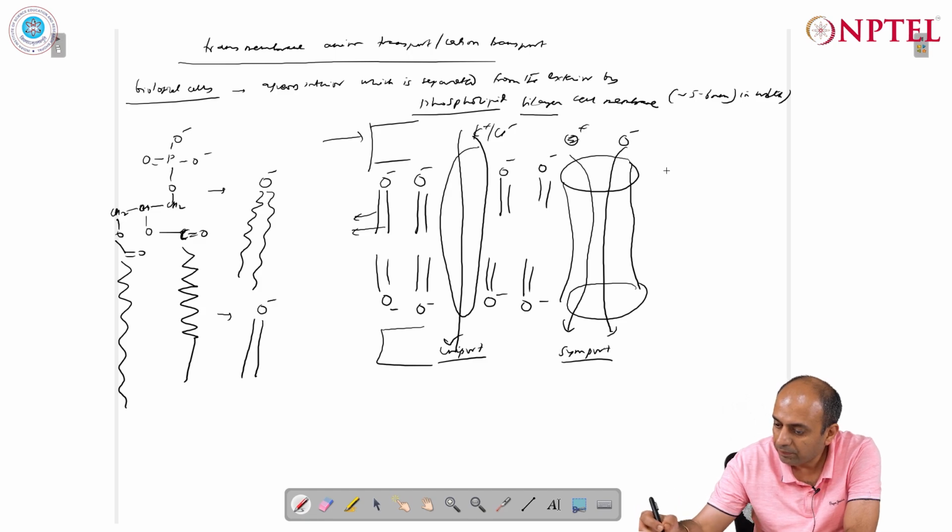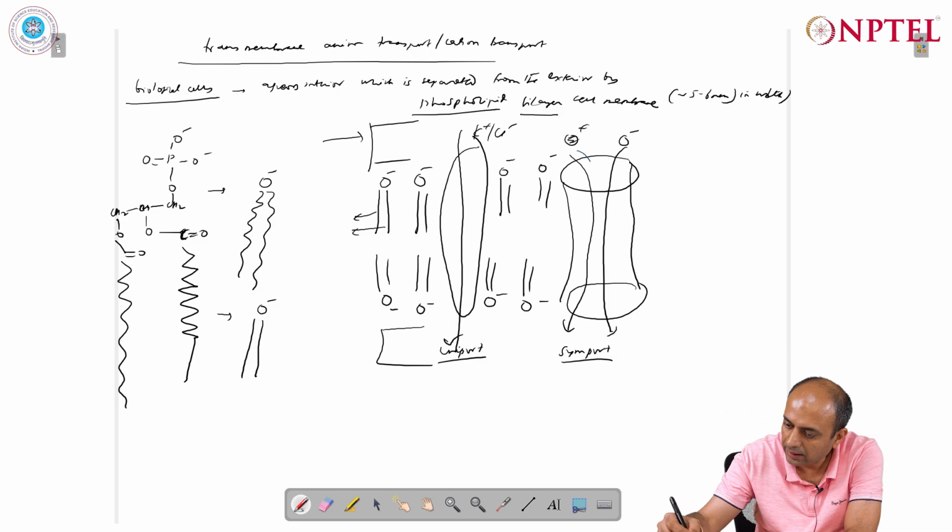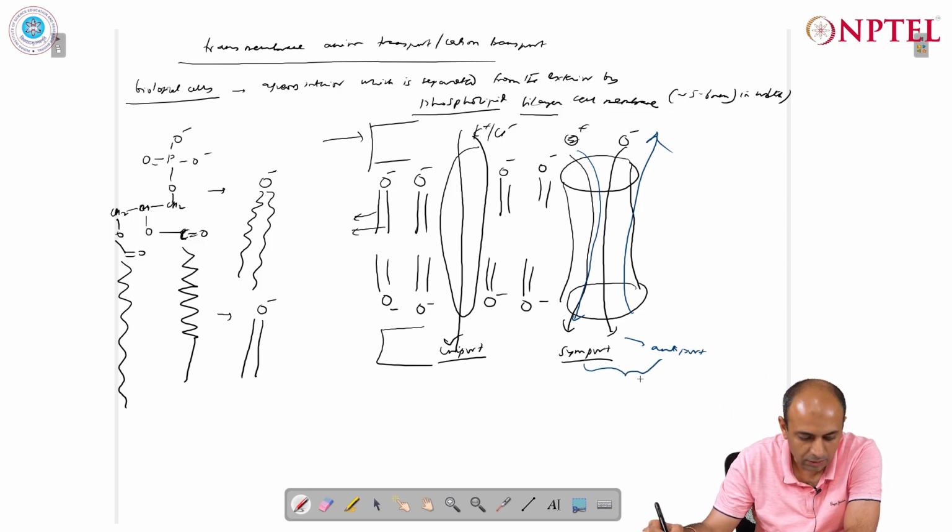On the other hand, if they are being transported in the opposite direction, say the cation moves in this direction and the anion moves in the opposite direction, that is referred to as an antiport mechanism. And overall, this symport and antiport is referred to as co-transport.